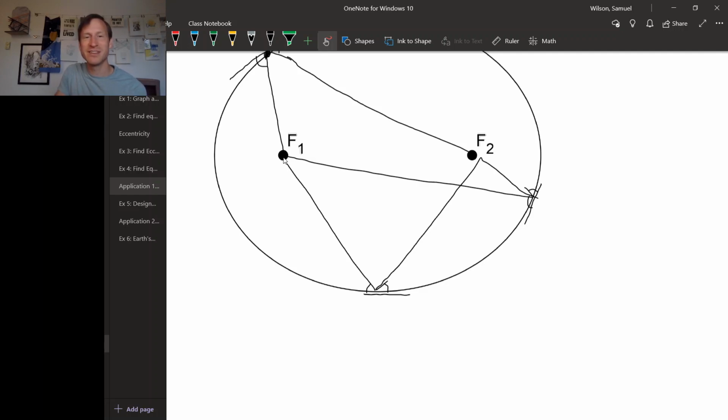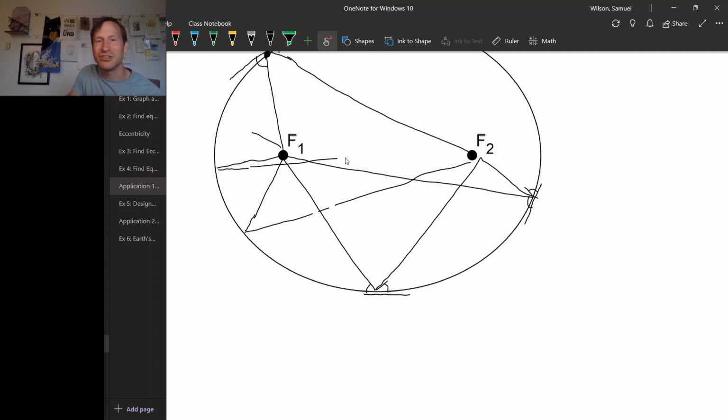And the reason is because when someone is standing at one focus and whispers, the sound waves all radiate out in all directions, but no matter what direction the sound wave is going, it bounces off of the walls and goes back to the other focus where you're listening to it. So all of the sound that is dispersing from the first focus gets reflected and focused back at the second focus. So I guess calling them foci is good terminology.